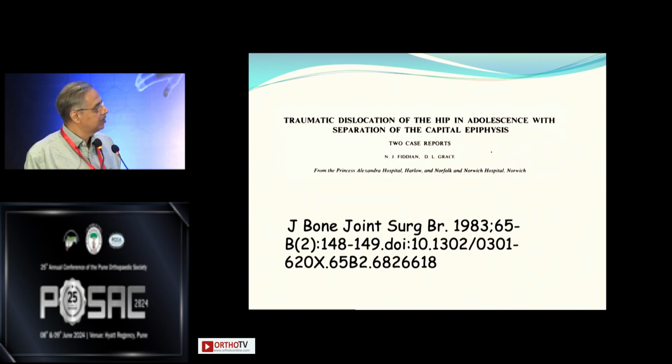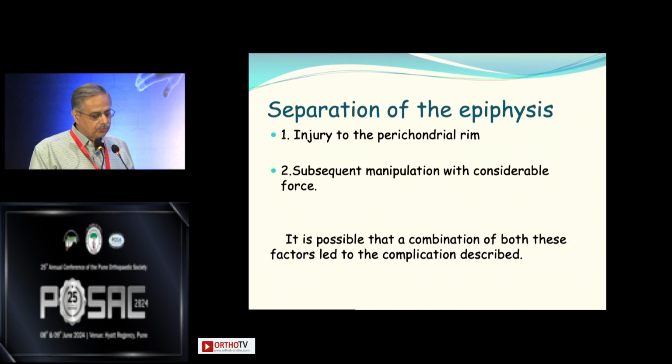So I thought I'd just like to mention this paper over here, which is of 2 case reports, where they have suggested that this could be due to an injury to the pericondylar rim and a subsequent manipulation, which may be one of the 2 reasons that this could have happened. So it could be a fracture was already present, or it could be the manipulation itself, which could have led to this situation.